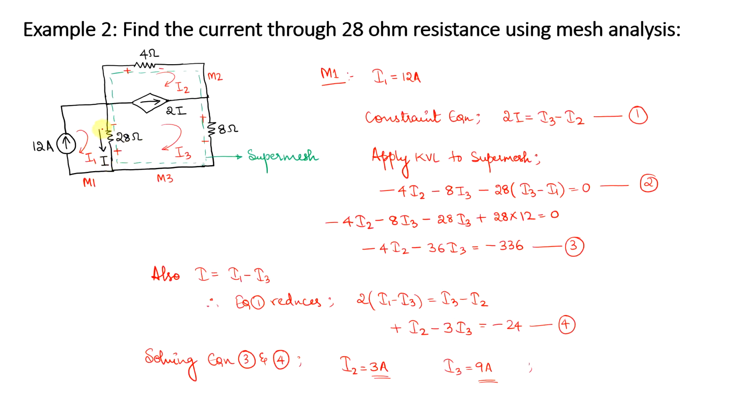You know I is specified here and you have computed the value. That is I equal to I1 minus I3, the current that is flowing between these two meshes. So the current through the 28 ohm resistance is I equal to I1 minus I3, and 12 minus 9 gives me a value of 3 amps.